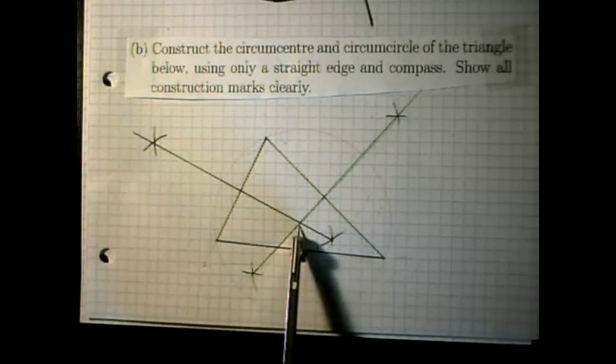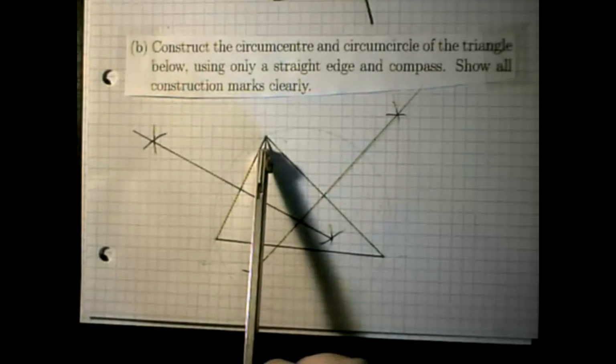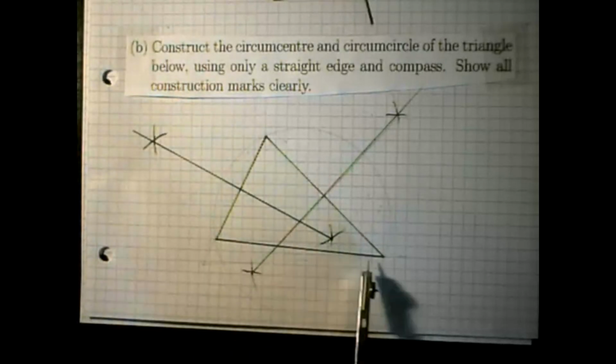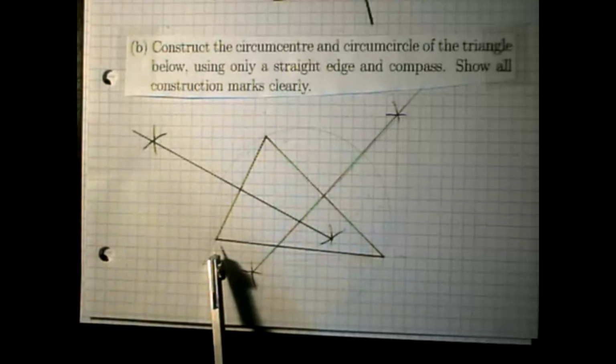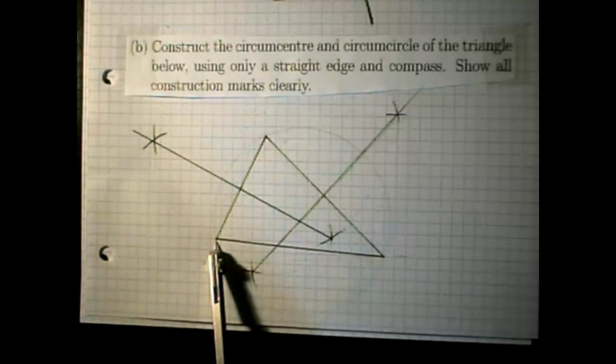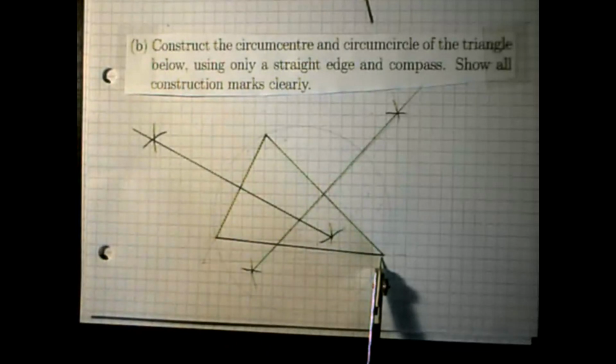So if I take this point here where those 2 bisectors intersect, then I know that that point is going to be equidistant from all 3 of those vertices. In other words, what I can do is draw a circle that touches exactly all 3 of those vertices. In other words, that's the circumcircle.